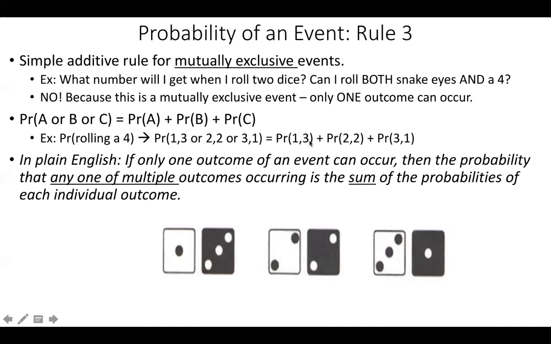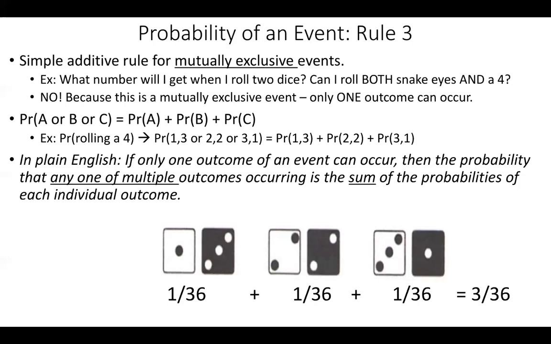I'd add up the probability of getting a 1 and 3, the probability of getting a 2 and 2, and the probability of getting a 3 and 1. In plain English, if only one outcome of an event can occur, in the case of rolling 2 dice, only one outcome is going to occur. I can't get both a snake eyes and a 4. So if only one outcome can occur, the probability of any one of multiple outcomes occurring is the sum of the probabilities of each individual outcome.